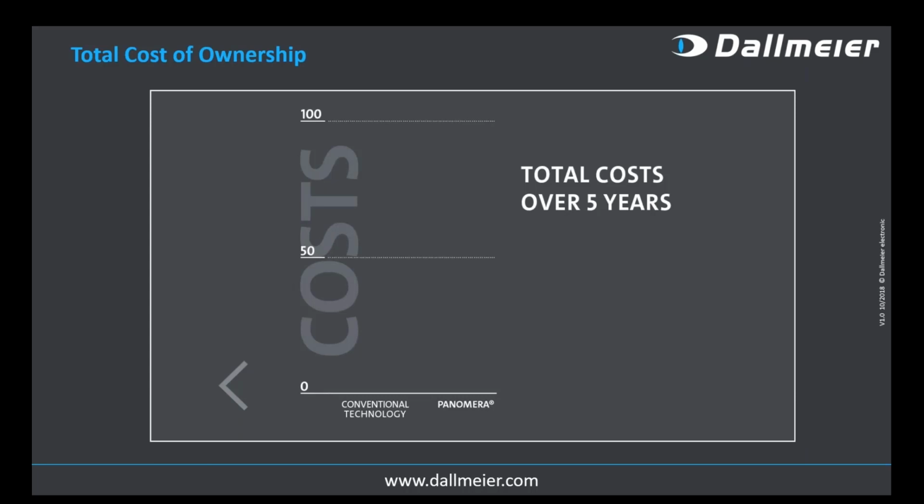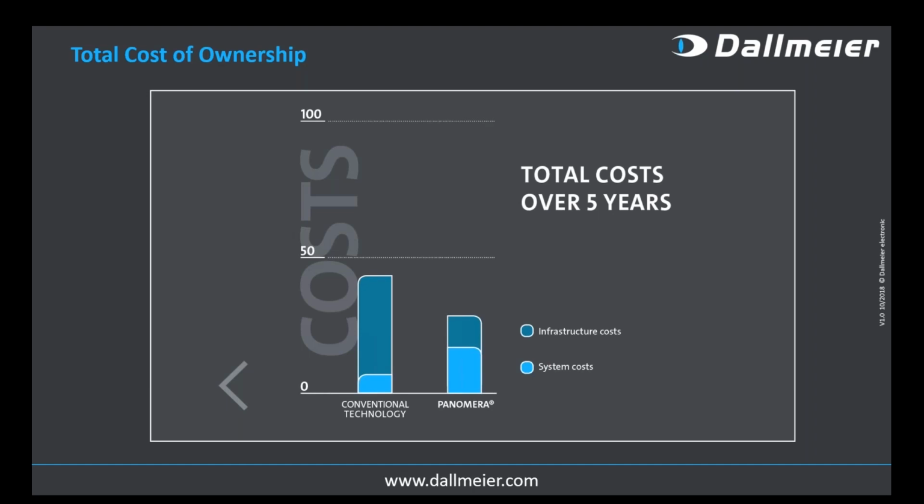And then when we look at total cost of ownership calculation, well, the system cost might be a bit higher with Panomera than conventional technology, but already with the infrastructure, I save a lot of money. We had, not too long ago, a big airline customer here who reported directly in a conversation, yeah, guys, this is true.